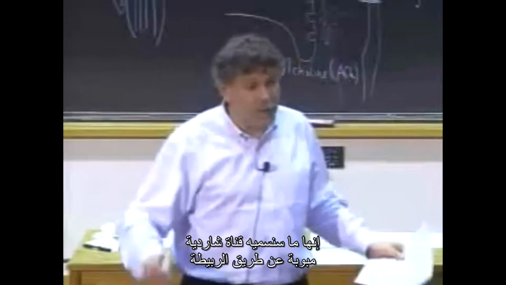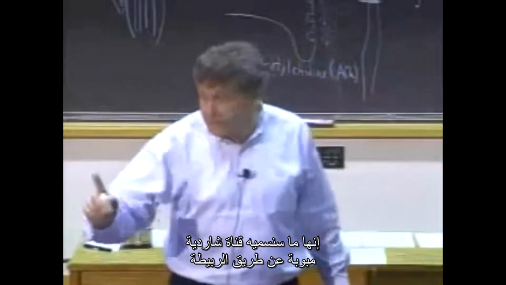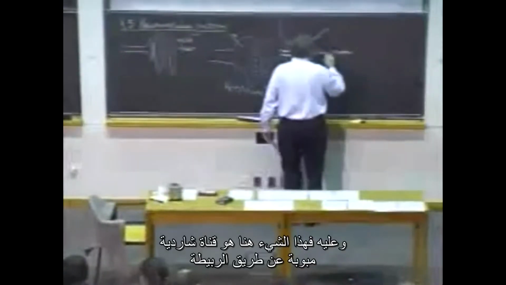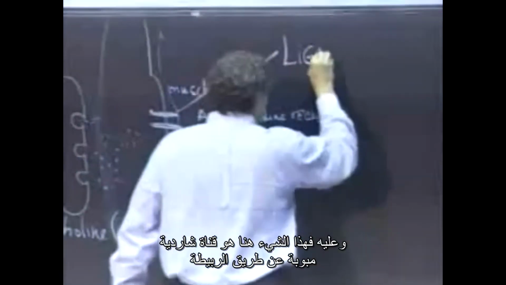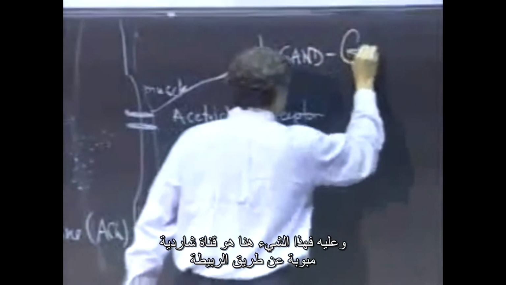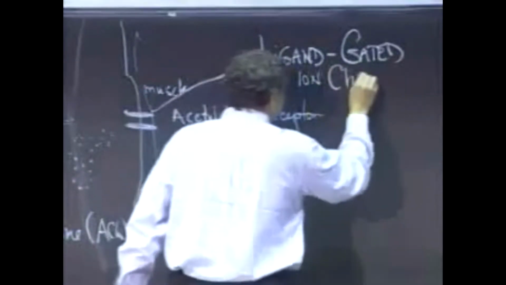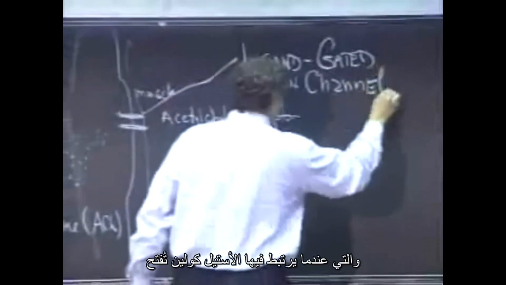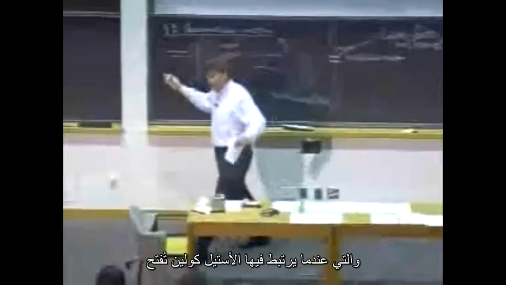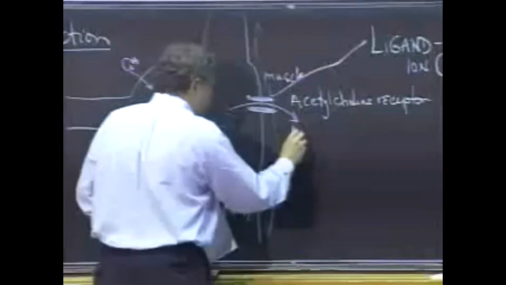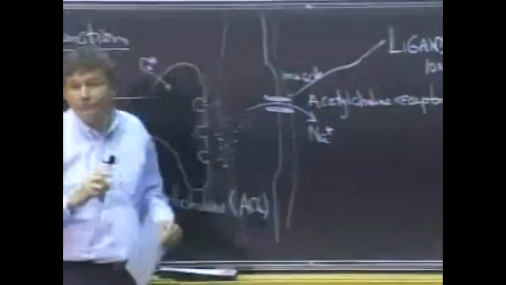It's what we'd call a ligand-gated ion channel because it's gated by a ligand, acetylcholine. So this guy here is a ligand-gated ion channel, which, when acetylcholine binds to it, swings open, and what it does is it allows in sodium. Bingo.